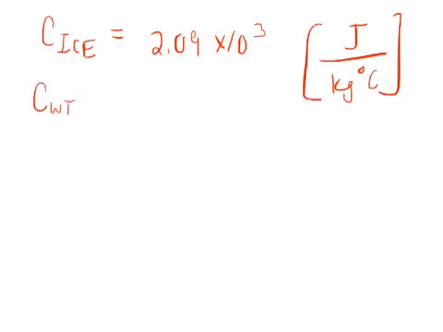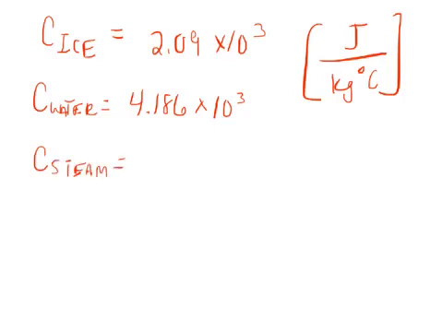The specific heat capacity of water, as we said earlier, is 4.186 times 10 to the third. And the specific heat capacity of steam is given as 2.01 times 10 to the third. Okay, so they're clearly different numbers.